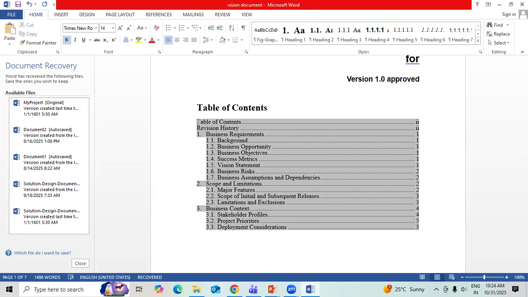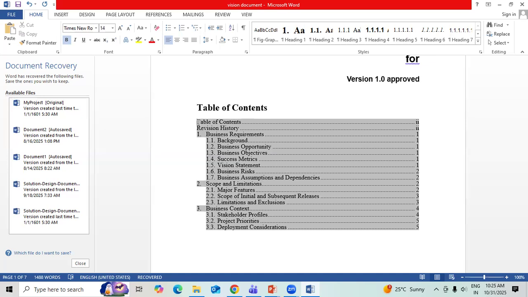In addition to this, in the vision and scope document we have to detail the background of the business requirement, the application or the solution that we are developing, and what business opportunity we have identified so far. And what the different business objectives are that we want to achieve over a period of time.